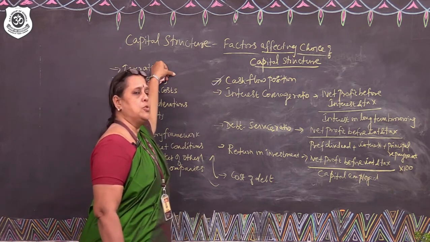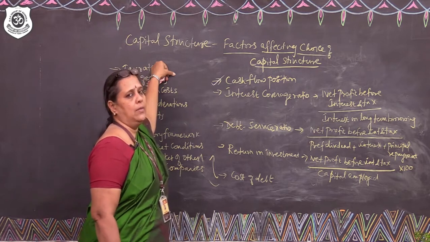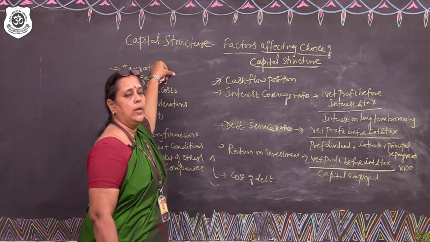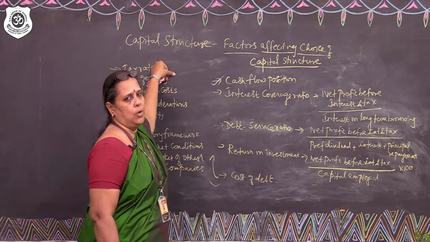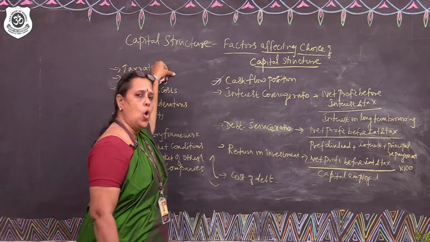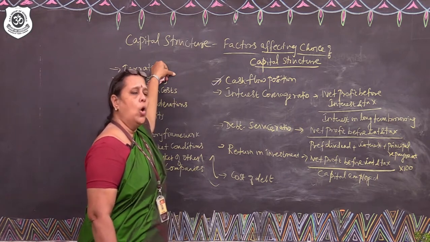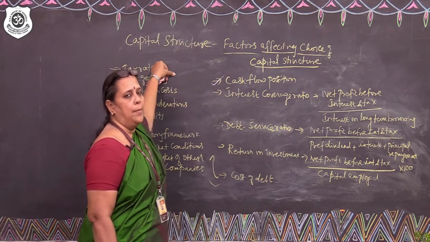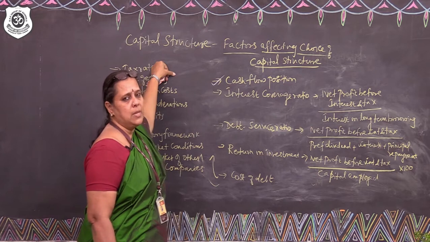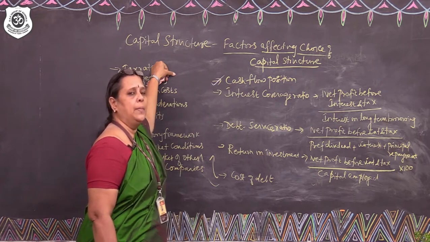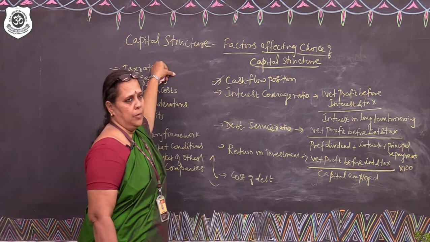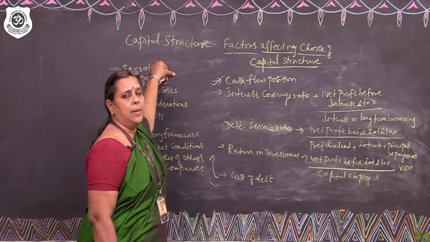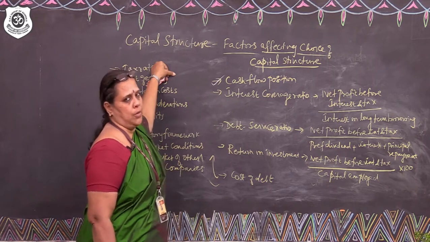In case the cash flow position is not stable and is very volatile, it is safe that the company employs more equity and less debt, because the company is under no obligation to pay the dividend or repay the principal amount as far as equity shares are concerned. But debt warrants compulsory payment of interest and repayment of the principal amount also. Therefore, cash flow position should be taken into consideration while deciding about the composition of long-term securities.